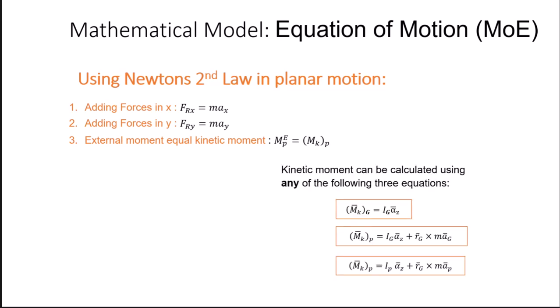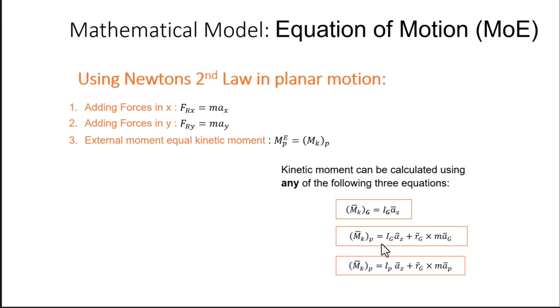Kinetic moment can be calculated using any of the three following equations. If we calculate moment about the center of mass, the kinetic moment will be equal to the mass moment of inertia at the center of mass times the angular acceleration. If we calculate the moment at any other point that is not the center of mass, we have two ways to calculate it.